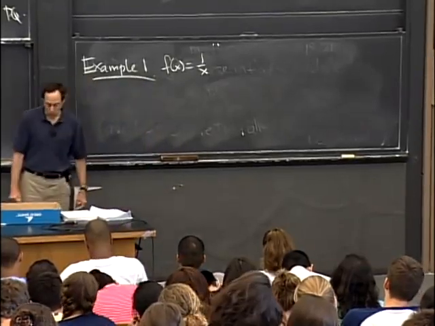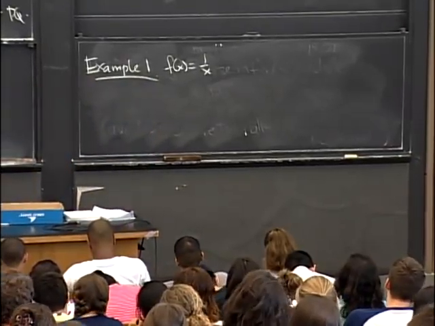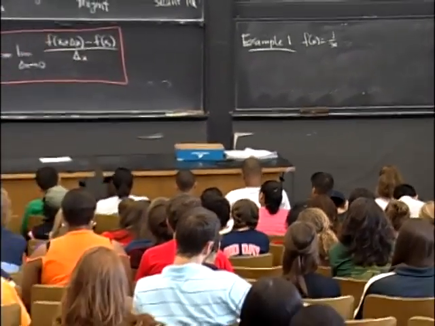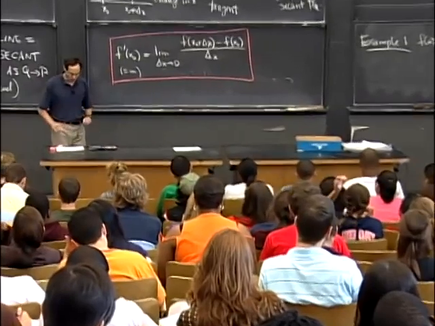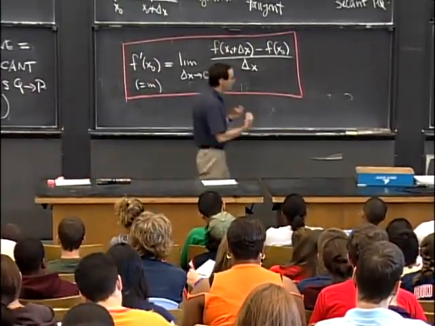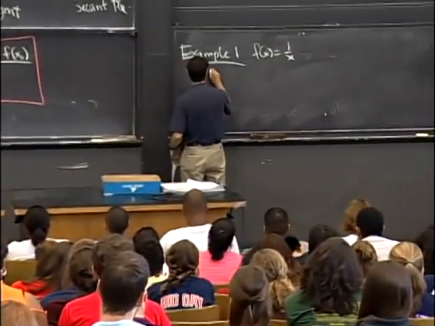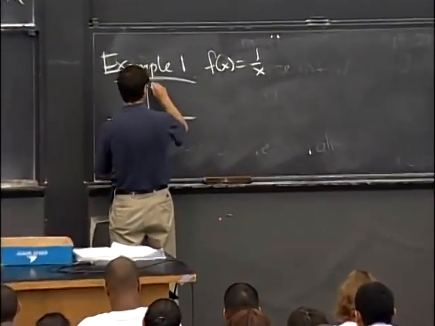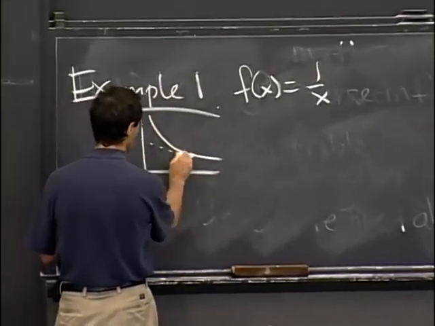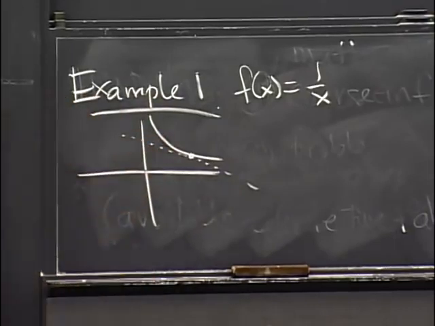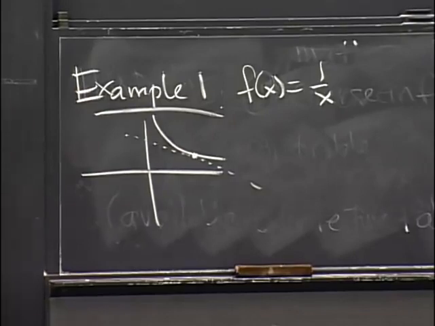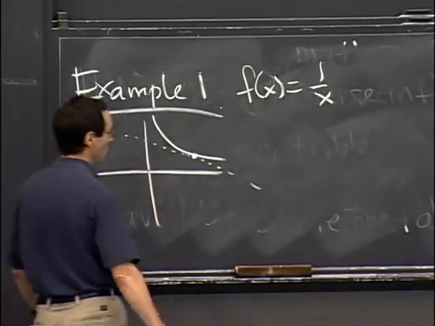So what is it that we're going to do here? All we're going to do is plug in this formula for that function. And visually, what we're accomplishing is to take the hyperbola and take a point on the hyperbola and figure out some tangent line. That's what we're accomplishing when we do that. So we're accomplishing this geometrically, but we'll be doing it algebraically.